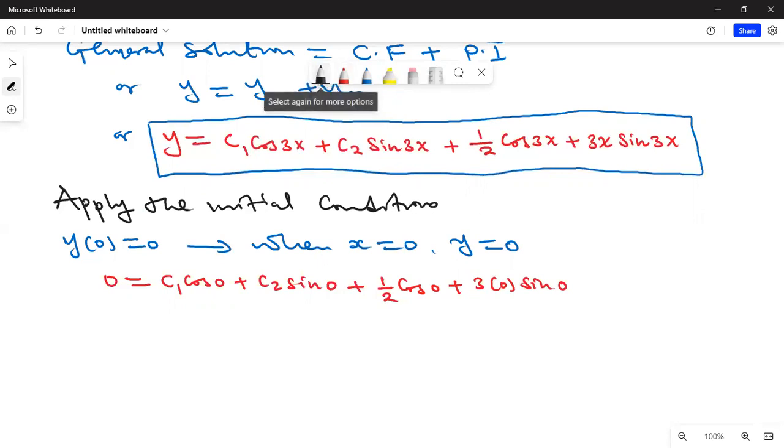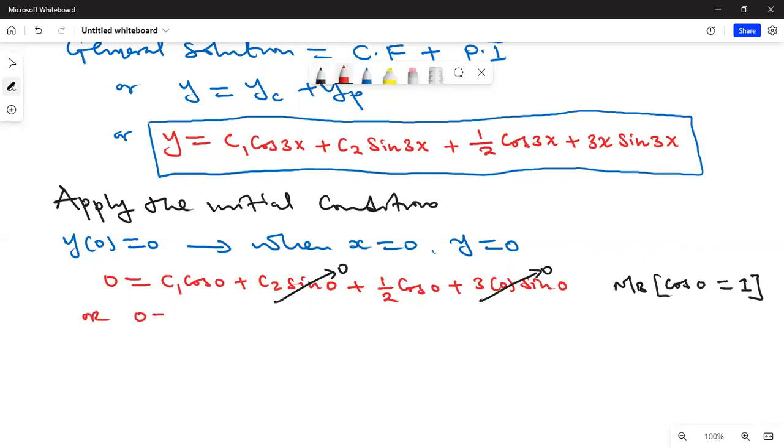So where we have sine 0, those will vanish. This is 0. And cosine of 0 is 1. So take note that where we have cosine of 0, the result should be 1. Cosine of 0 is 1. So this means that we have 0 is equal to C1 plus 1 over 2.